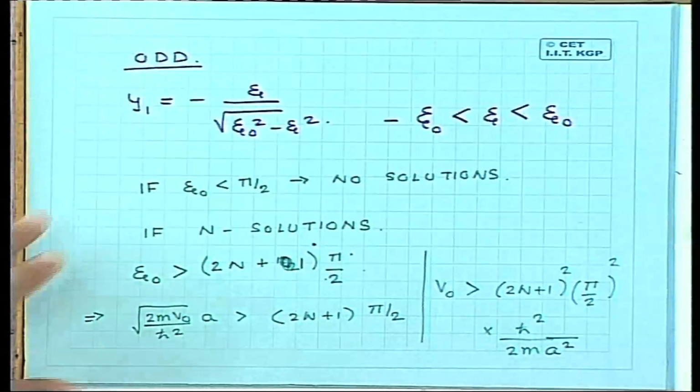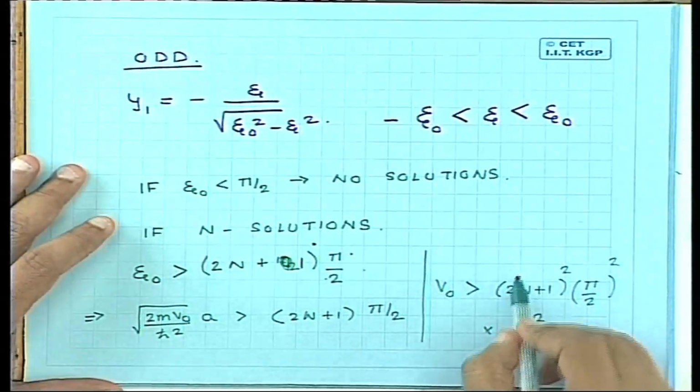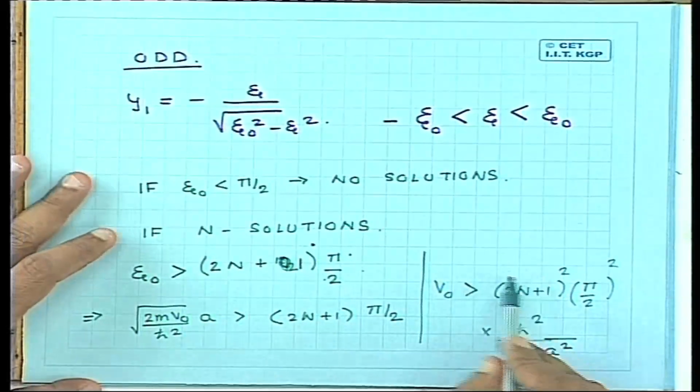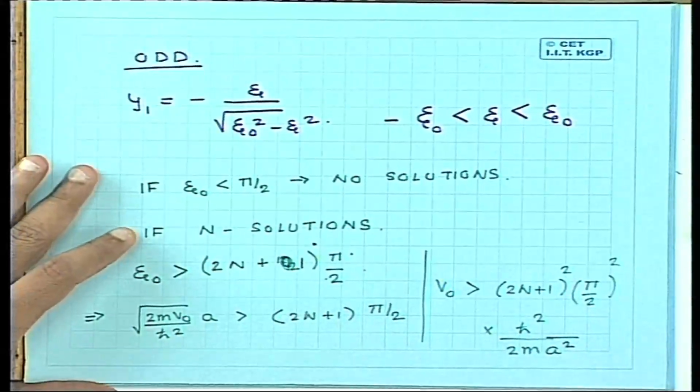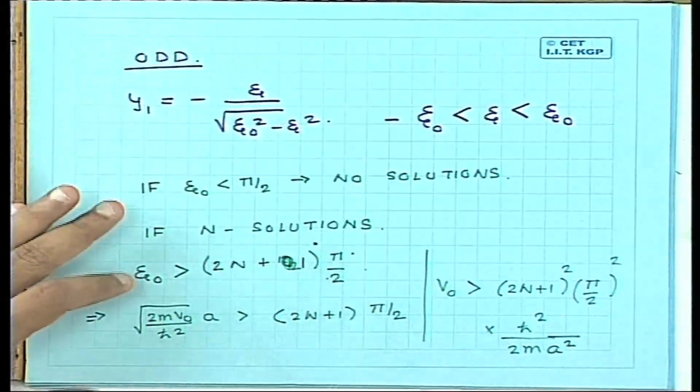So given the value of the potential, you have to find the value of integer n so that the potential just exceeds this number, and then you know how many solutions are allowed.